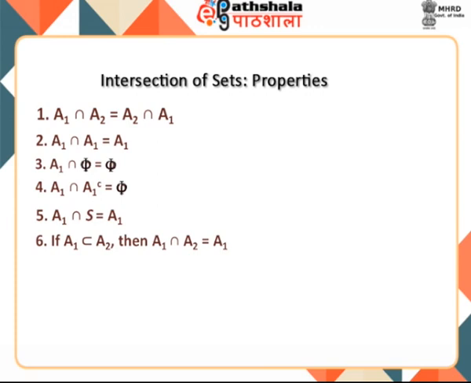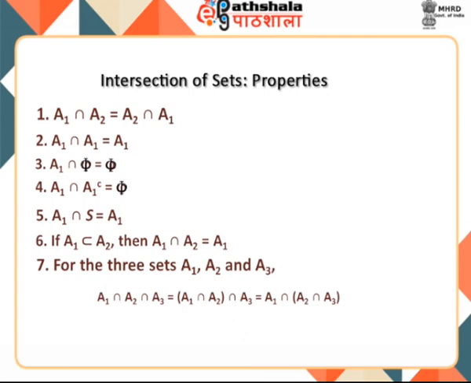If A1 is a subset of A2, then A1 intersection A2 is equal to A1. Lastly, for three sets A1, A2, and A3, the following associative property should be satisfied: A1 intersection A2, within brackets, intersection A3 is equal to A1 intersection, within brackets, A2 intersection A3.